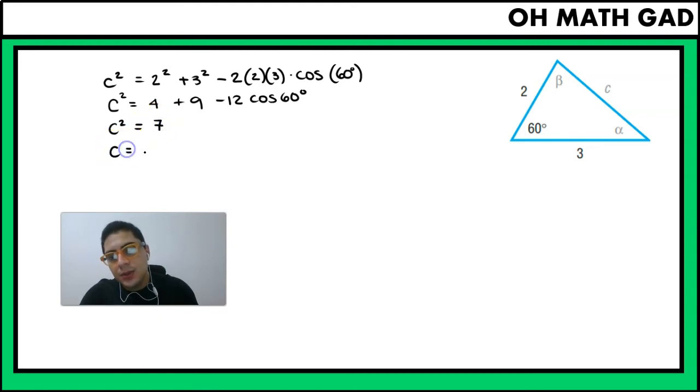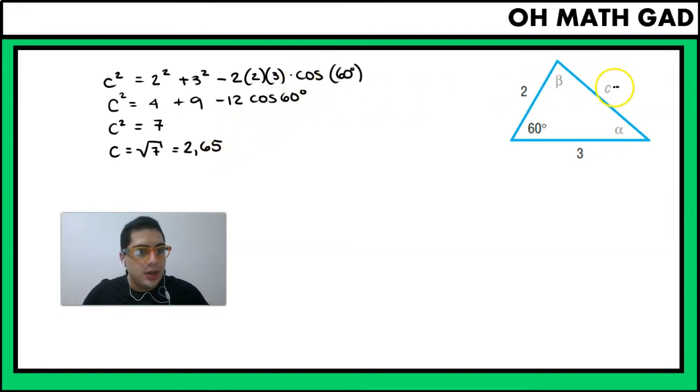So c is going to be the square root of 7. People usually forget that we have to find the square root because we have a power of 2 here. So that is basically going to tell us that the value of c is around 2.65.